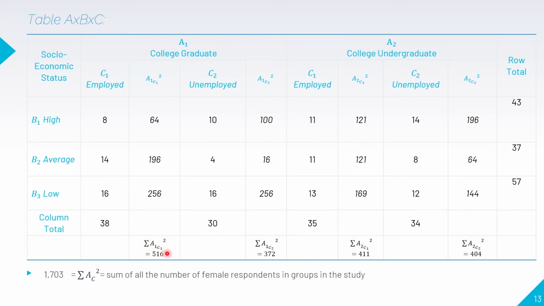Same as here, square these items and we have 372. Square this one and add, we have 411. Square this one and add, we have 404. So let's add these four values, 516, 372 plus 411 plus 404, and now we have our answer, 1,703 as our summation of A in our column squared.